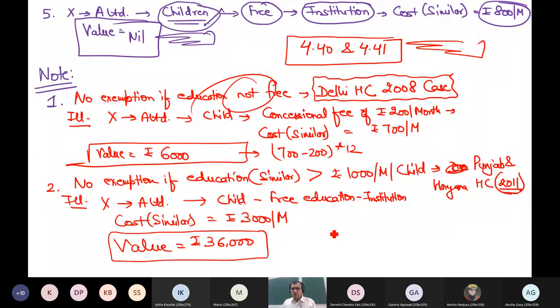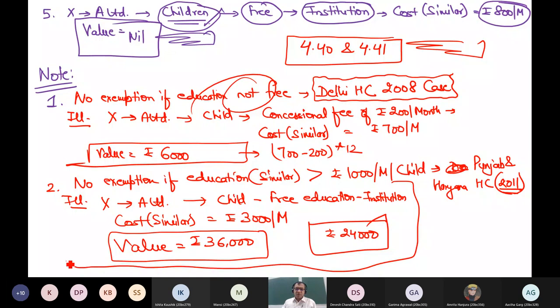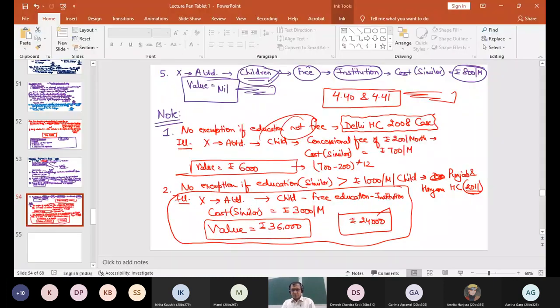Don't you think that it should be 24,000? In this illustration, those who are in favor of 24,000, please raise your hands.